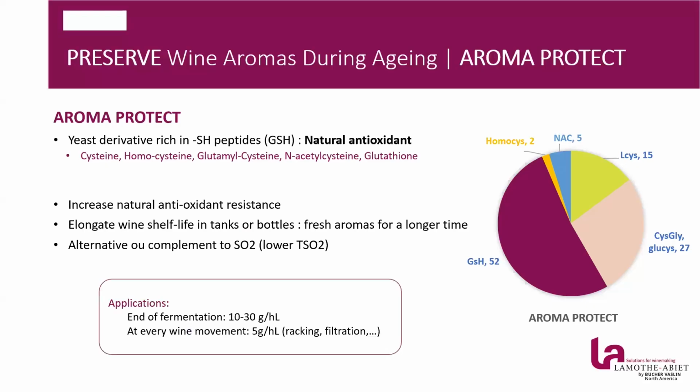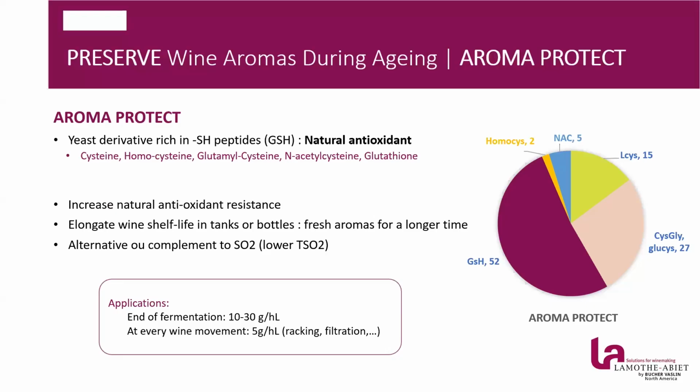So you can use it at the end of the fermentation. Usually I suggest using from 10 to 30 grams per hectoliter, during the fermentation and during the aging too. And you can also prevent oxidation and protect your wines during any transfer. So for example, if you're doing a racking or just before filtration or any movement, you can add 5 grams per hectoliter. For example, it's very useful for sparkling if you have dispatched bottling.